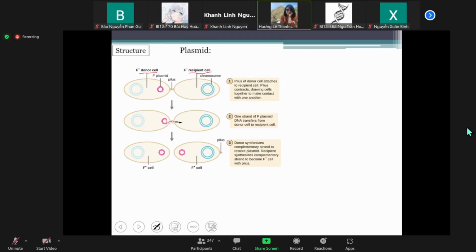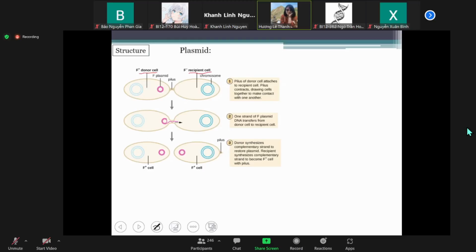In the second step, one strand of the F plasmid transfers from the donor cell to the recipient cell. In the final step, they synthesize the complementary strands to restore the plasmid.